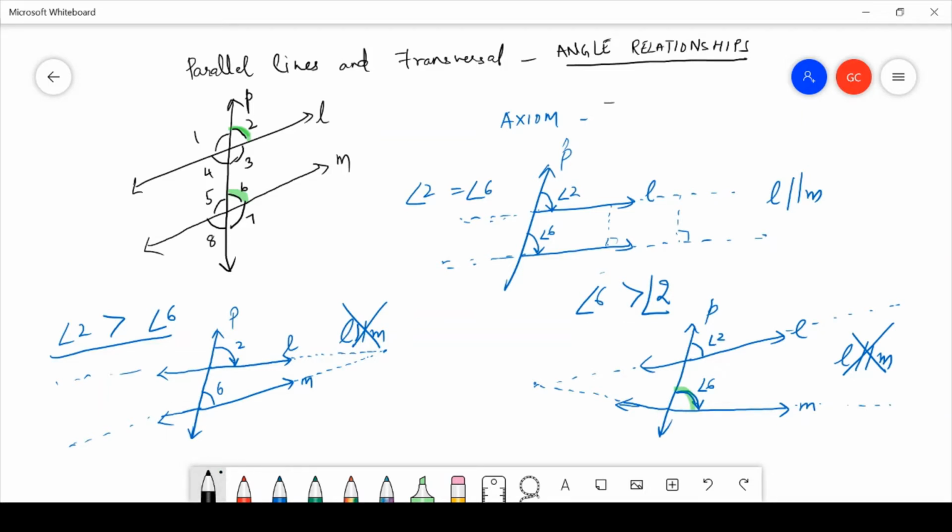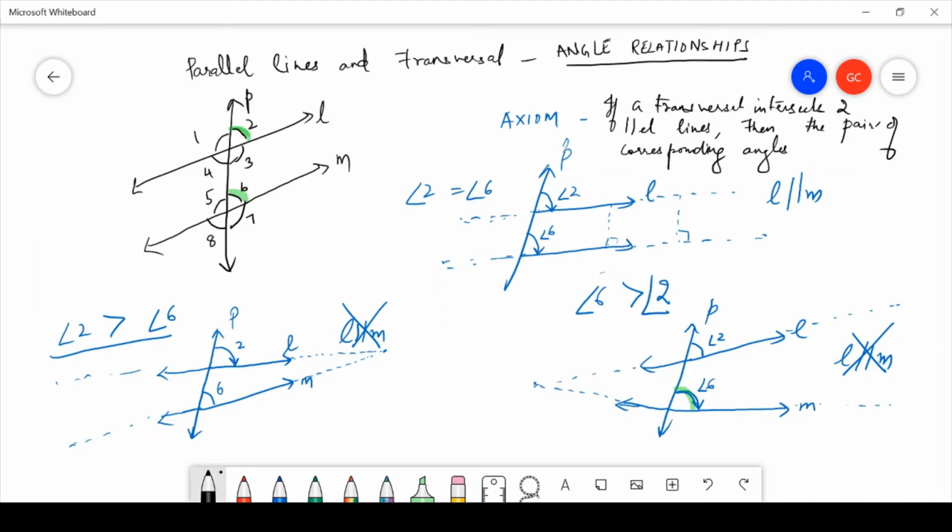The axiom can be, if a transversal intersects two parallel lines, then the pairs of corresponding angles, because here we have taken 2 and 6, but you can also see that angle 1 and angle 5 are also forming a corresponding pair. 4 and 8 are forming a corresponding pair.